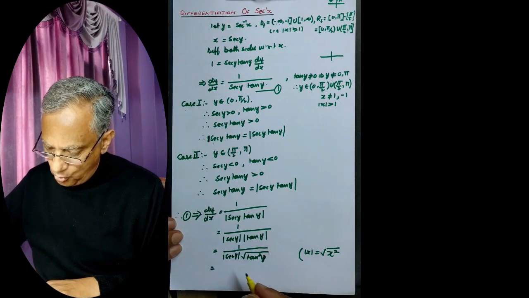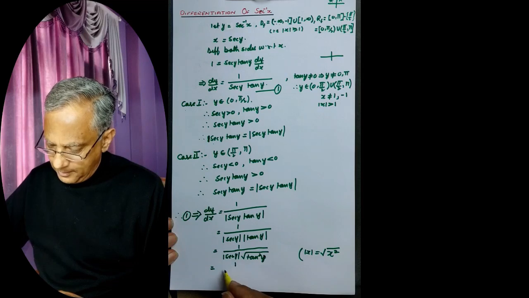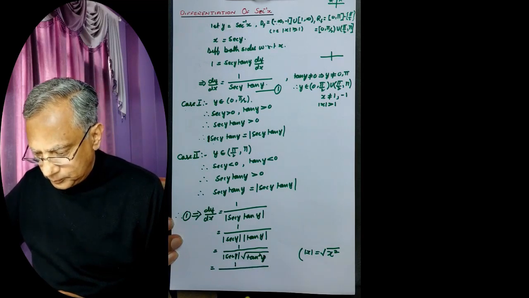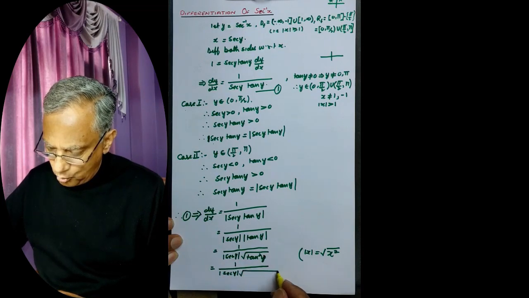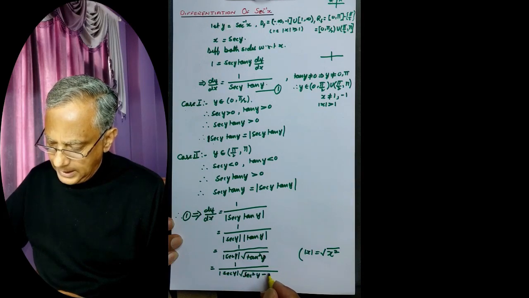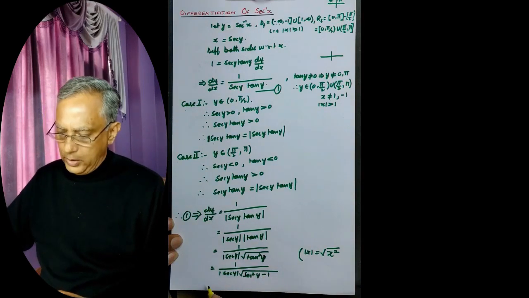And this is equal to 1 upon mod secant y under root secant square y minus 1.